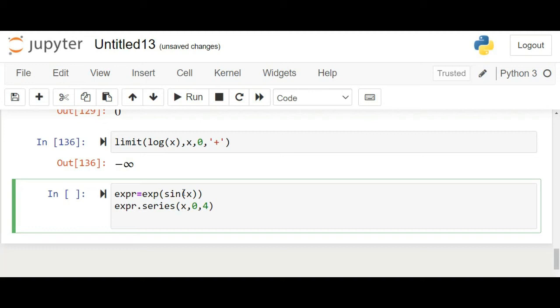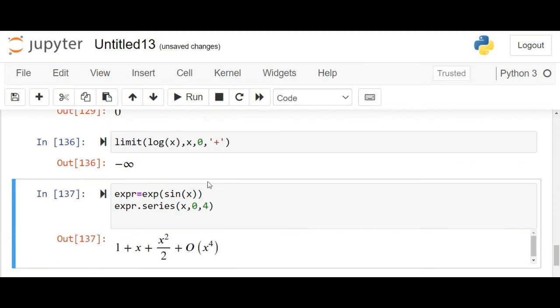In this case the expression is sine of x. We want to write the expansion of sine of x up to fourth order.